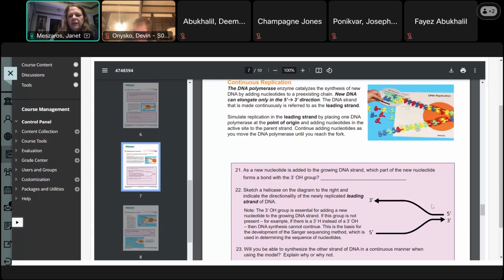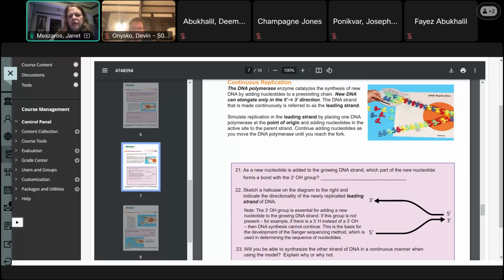So helicase unwinds, so it would be right here. And it says indicate the directionality of the newly replicated leading strand of DNA. I want you to put a 5' right here and an arrow that goes like this, and a 3' down here. It didn't make it yet, but you could put a 3' right here if you want to.